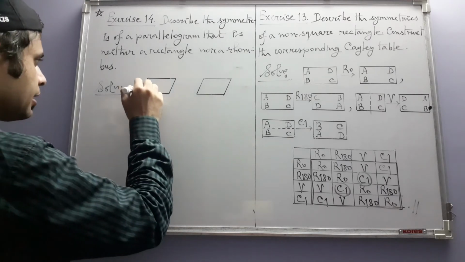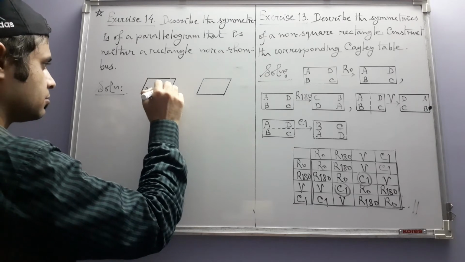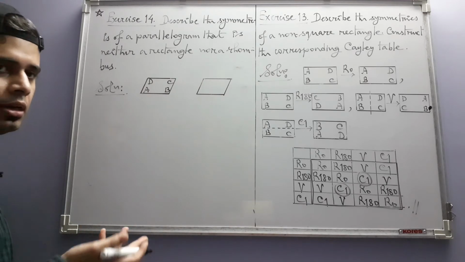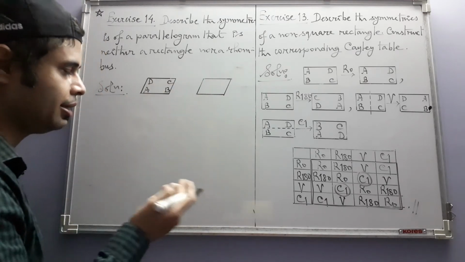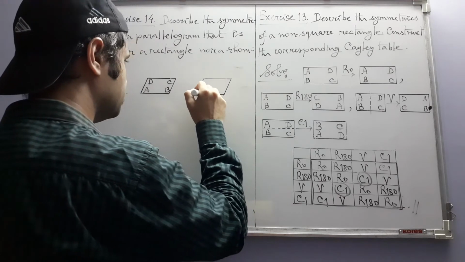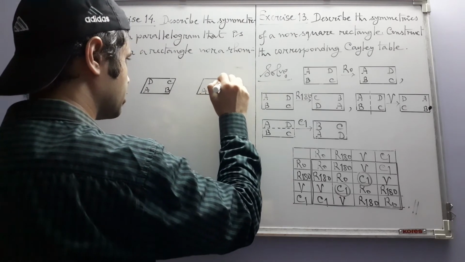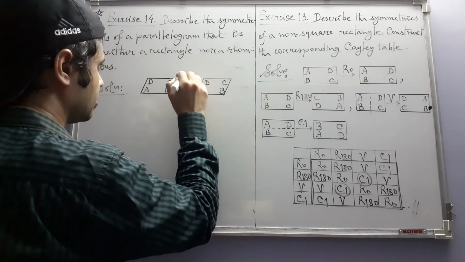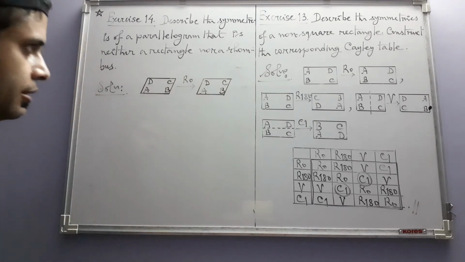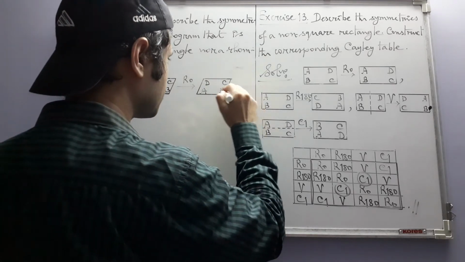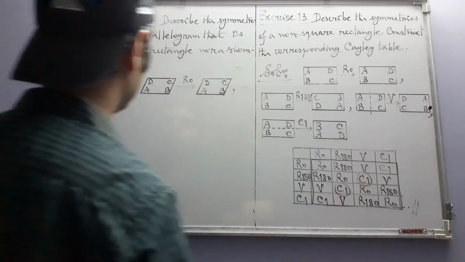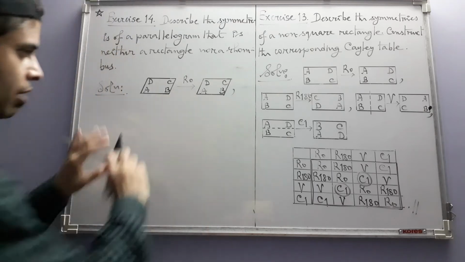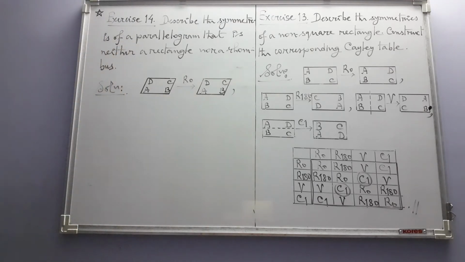Oh, here however I have started from this vertex. Doesn't matter, you can name any one of them A, B, C, D, or any name in fact you can give them. So the first transformation of course is R naught, which is the identity, it does nothing. And then only one more transformation. Okay.